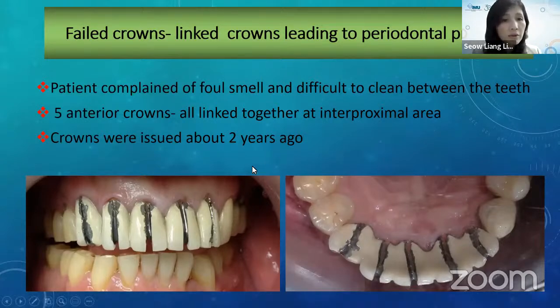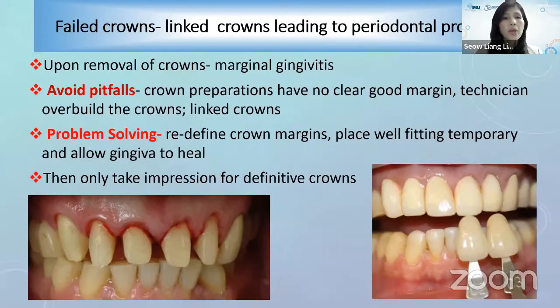And these few crowns are not old crowns. They were just issued about 2 years plus when the patient came and saw me. So we have to explain to the patients that unfortunately, we have to remove all the crowns and redo all the crowns. So we need to avoid all these pitfalls as such.